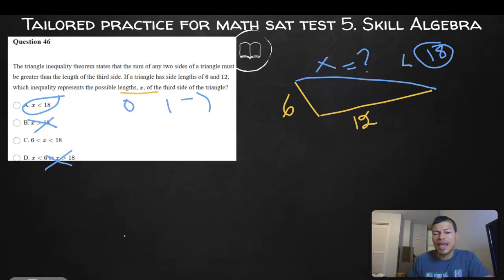And if the side is negative, then the triangle doesn't exist. So this answer choice is wrong. And the only possible and correct answer choice is that the triangle side has to be between 6 and 18, because that's what makes more sense. It doesn't include the 0, like option A. Okay, so be careful, because that's how they take points away from you. The right choice here is option C, between 6 and 18.